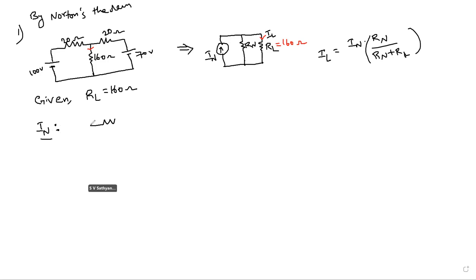Make the load terminal a short circuit. Here the load resistance is which one? 160. Right, so we need to make that 160 a short circuit. Done.